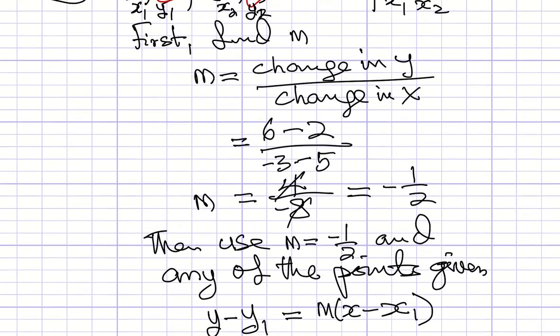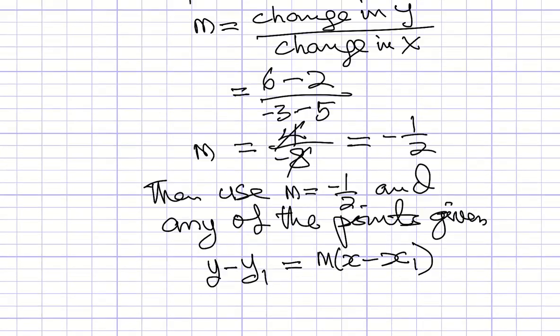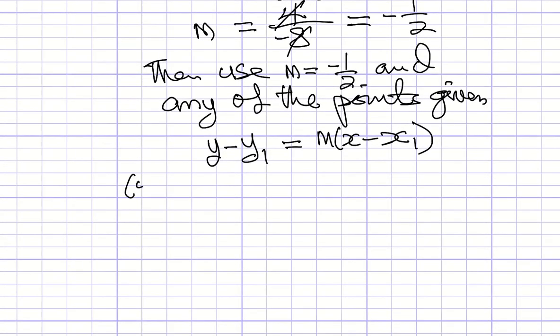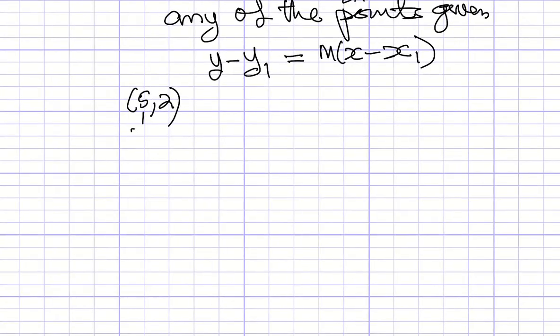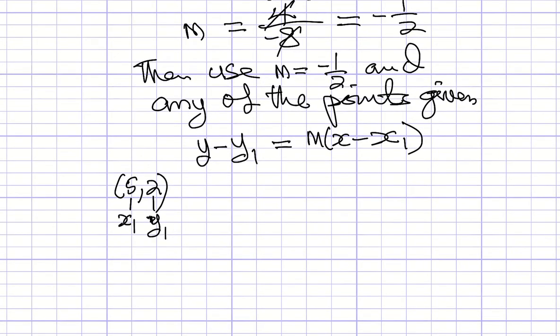And then we'll say we want to use this point, 5, 2. I want to make sure I write it right. We use this as x1 and this as y1, okay? Alright?